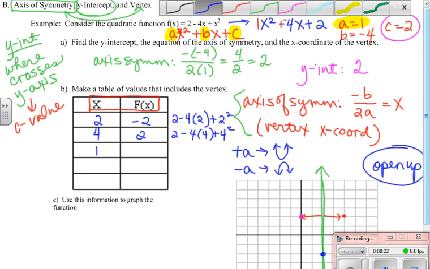If I put in 1, I have 1 squared minus 4 times 1 plus 2. That ends up being negative 1. And if I put in 3, I should get negative 1 out if my math is correct. And I have 3 squared minus 4 times 3 plus 2. And that is indeed negative 1.